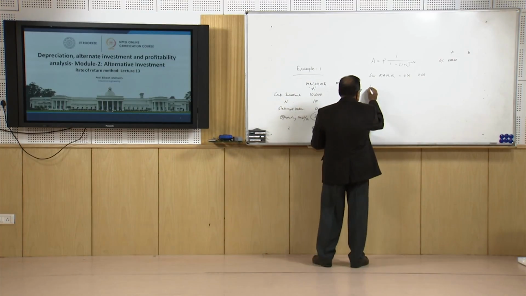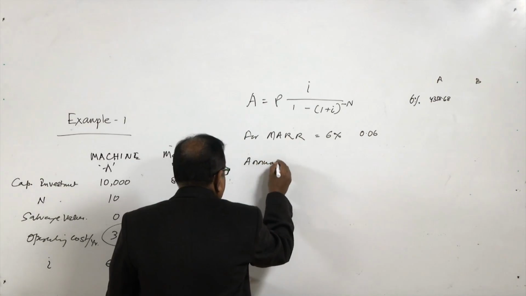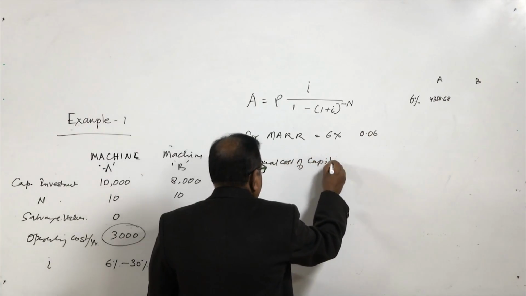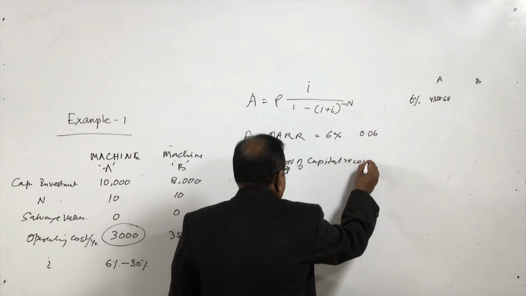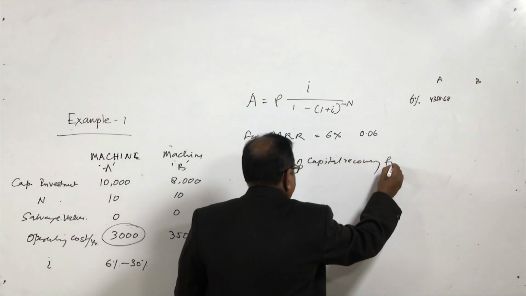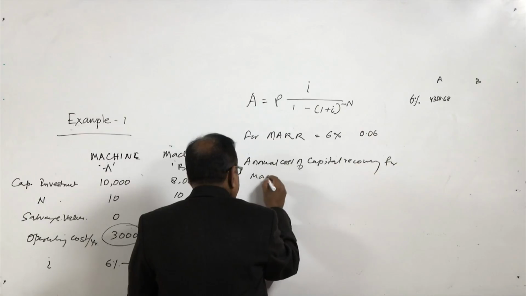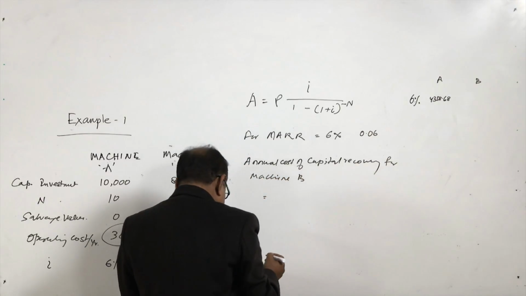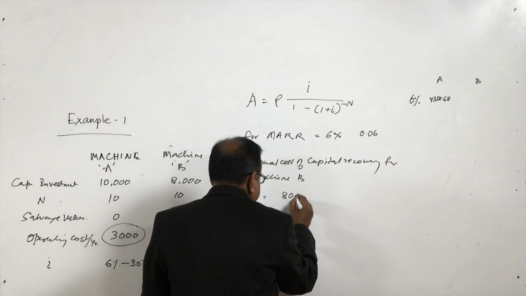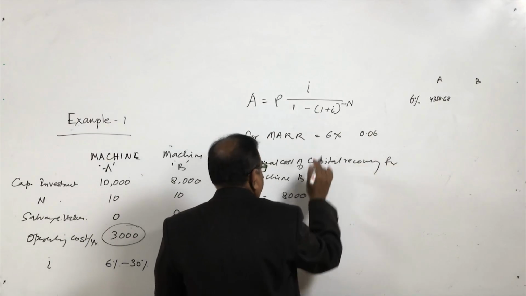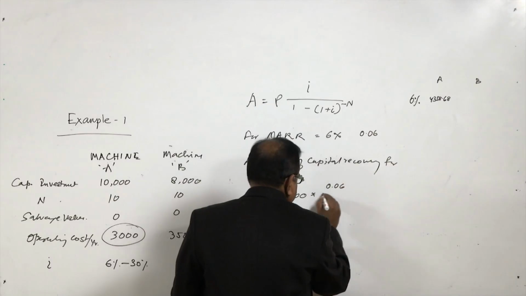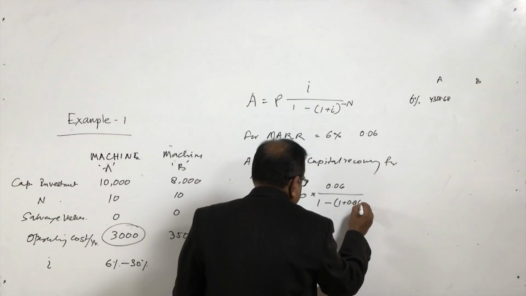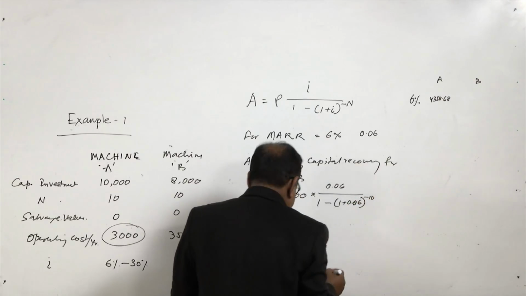The annual cost of capital recovery for machine B, the cost is 8,000. We have this formula: 0.06 divided by 1 minus (1 plus 0.06) to the power minus 10.